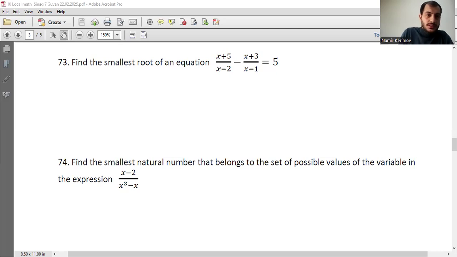So that will be x plus 5 times x minus 1 over x minus 2 times x minus 1, minus x plus 3 times x minus 2 over x minus 1 times x minus 2. So as you see, the denominators are the same now.